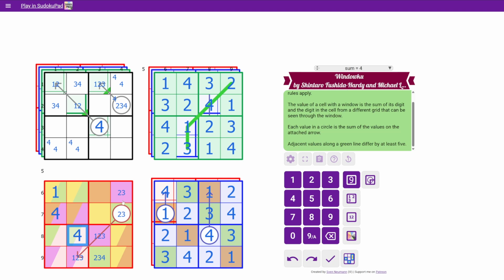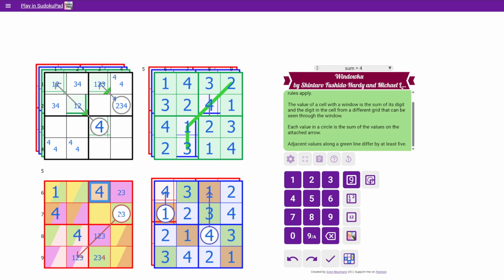I don't even know. Where did I get that 2, 3? Because it was 1... Oh, because it's pink? Yes, because it's pink.